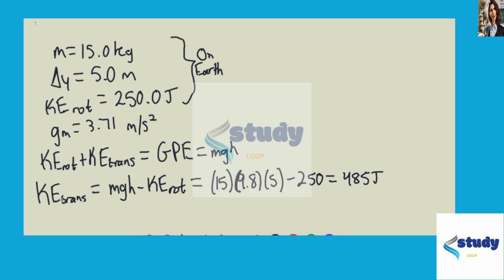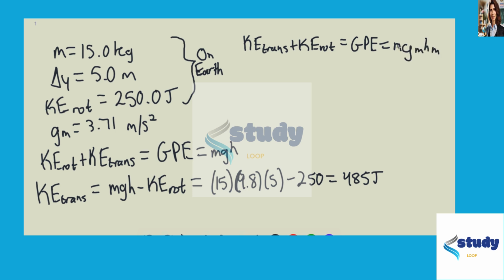So this is the translational kinetic energy, and we were able to find it on Earth because we have all of our givens on Earth, and then they're saying how far must it fall in order for it to have the same amount of translational kinetic energy. So we should say that the translational kinetic energy plus the rotational kinetic energy equals GPE, and this time mg_m h_m.